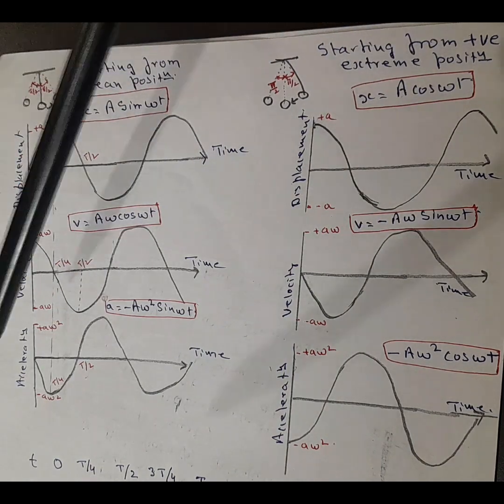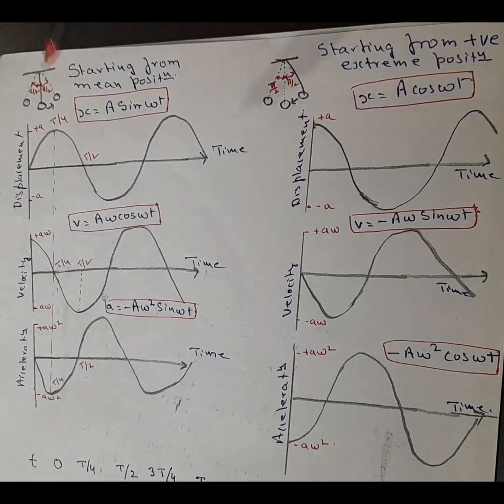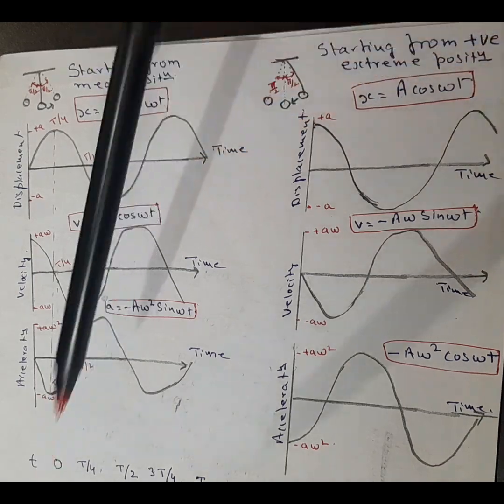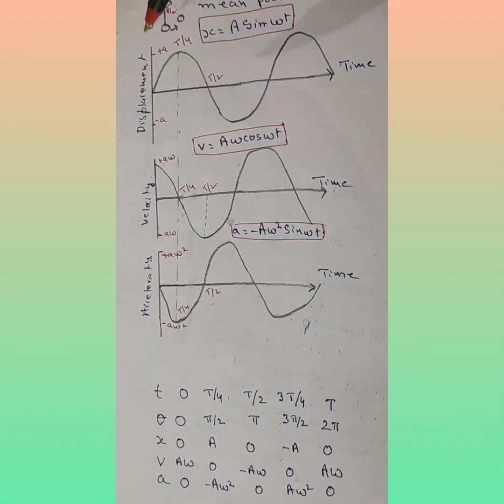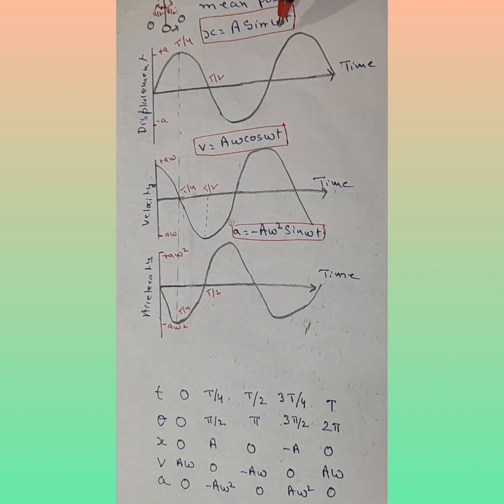Now for comparison, when time t is equal to 0, it's at this position. So here, a sine omega t, assume omega t to be theta. Why? Because we know theta over t is omega, so theta is omega t.